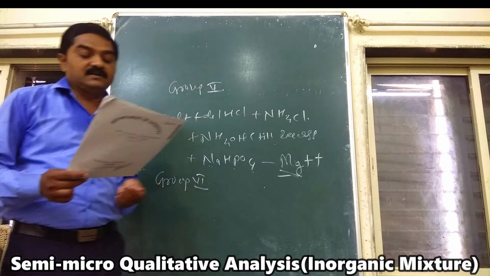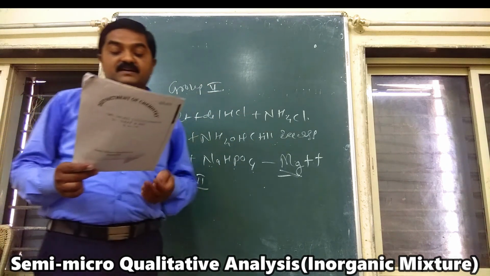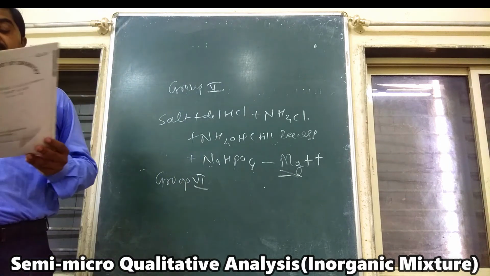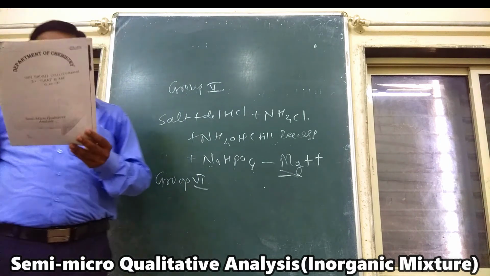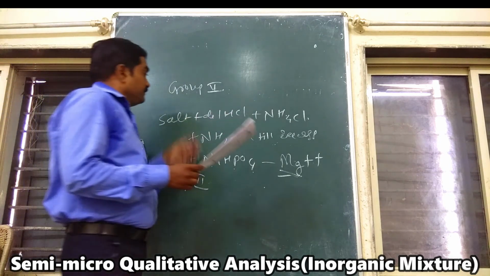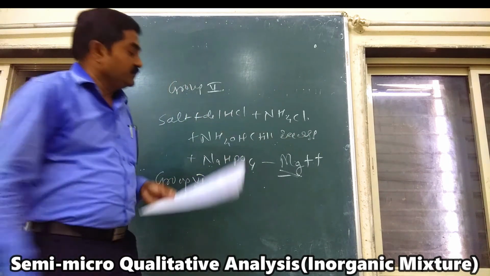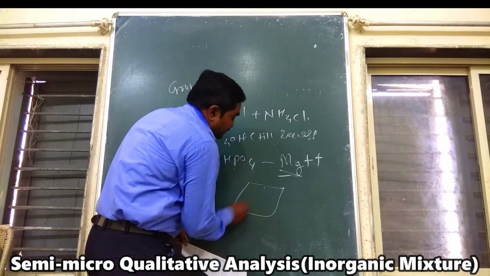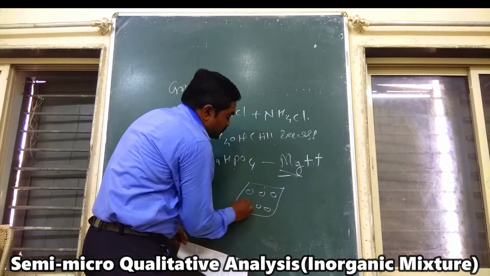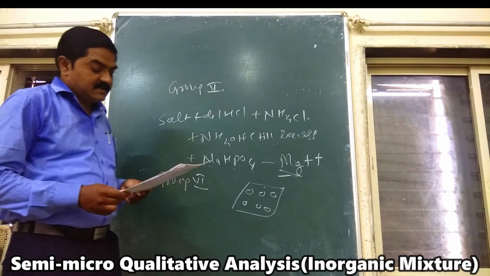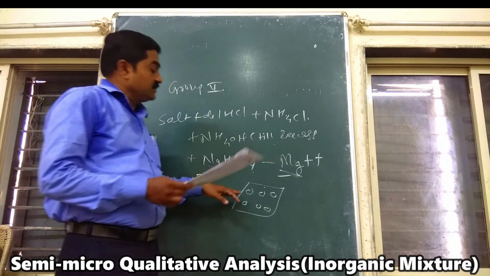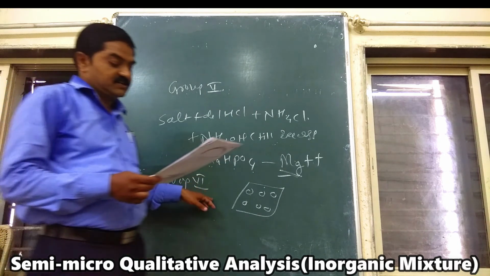So here salt plus dilute HCl, using the Nessler reagent, brown PPT, ammonia is confirmed. Then the test for potassium: place a drop of solution in the spot tile. We are using the spot tiles here. Drop the solution in the spot tiles and use the dimethylamine reagent.